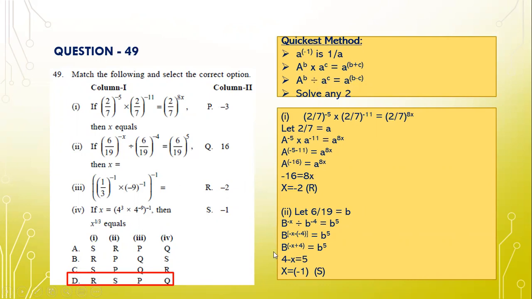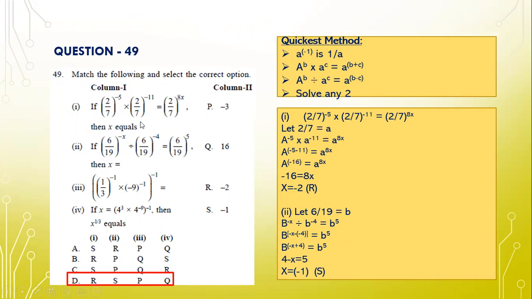Similarly, b raised to minus 6 divided by b raised to minus 4 is b raised to minus 6 minus minus 4, which is b raised to minus 6 plus 4. So 4 minus x is equal to 5. So x is equal to 4 minus 5, which is minus 1.